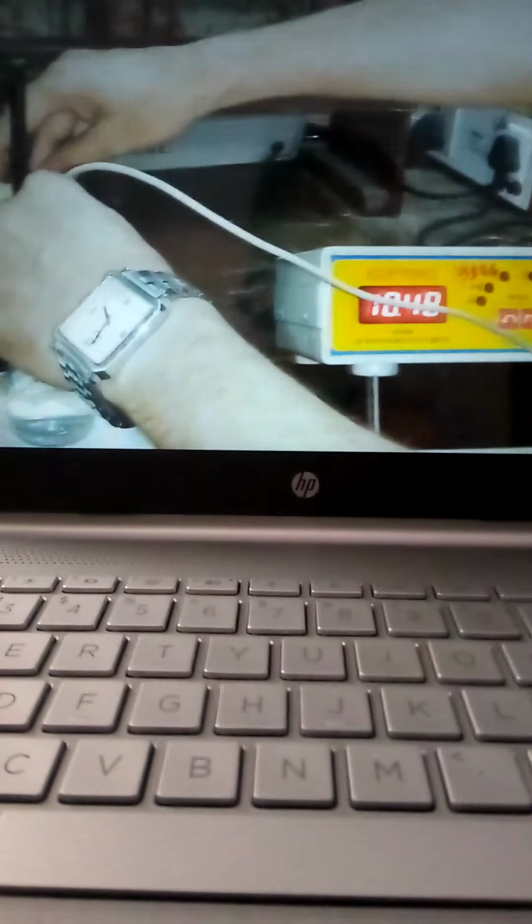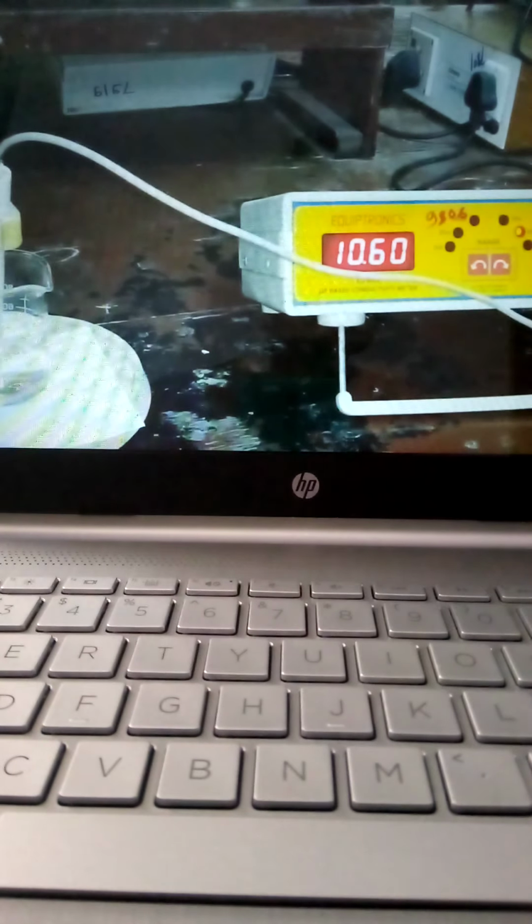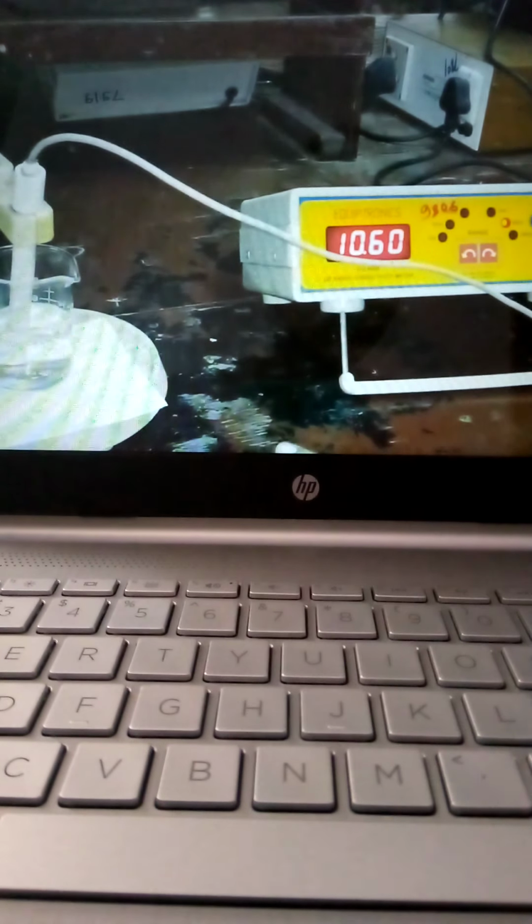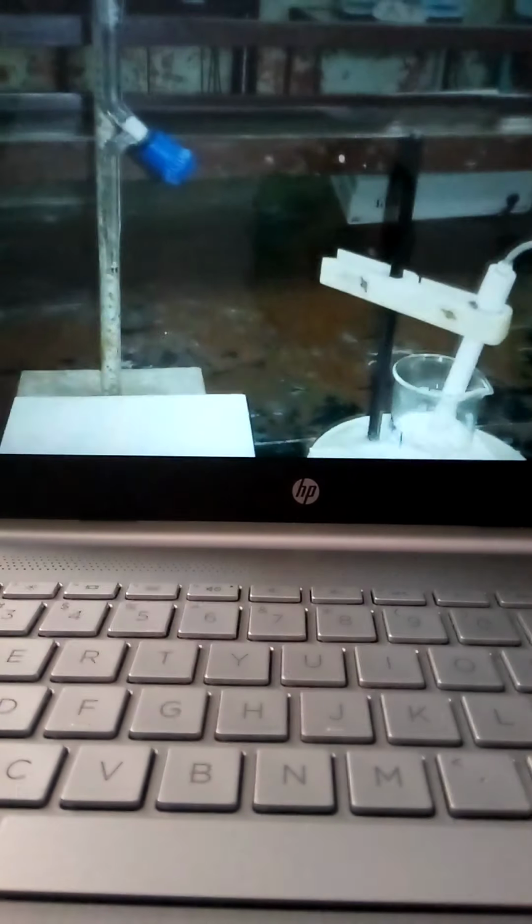Remember, after adding distilled water, you connect the cell to a conductivity meter which is connected to an AC mains. Only then can you standardize the conductivity meter. After connecting to the AC mains, the conductance of the solution is noted.